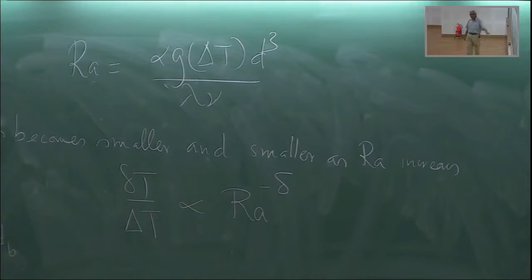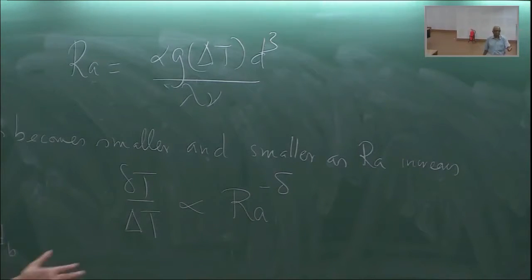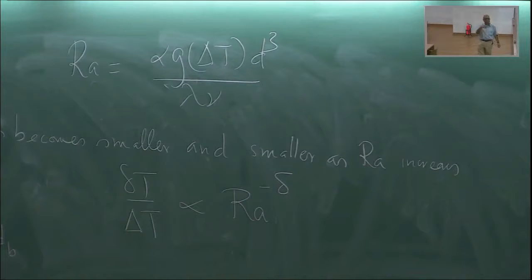That's the experimental observation, that as you go deeper and deeper into the turbulent zone, with increased Rayleigh number, the relative fluctuation decreases, and you introduce the scaling that delta t over capital delta T goes as Rayleigh number to the power minus delta.